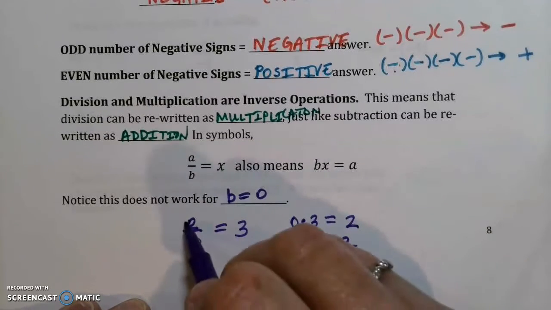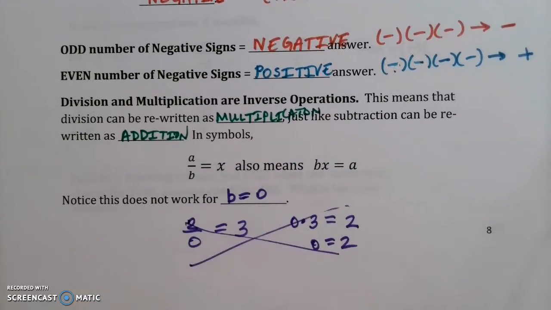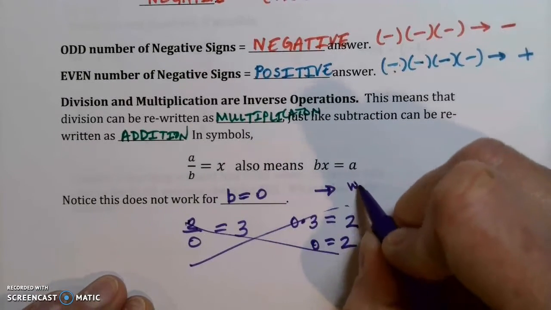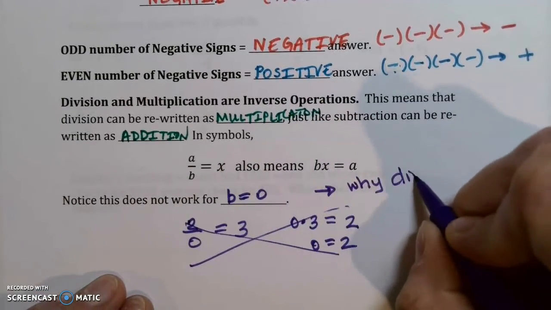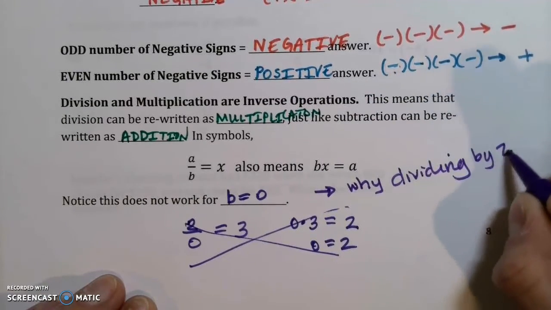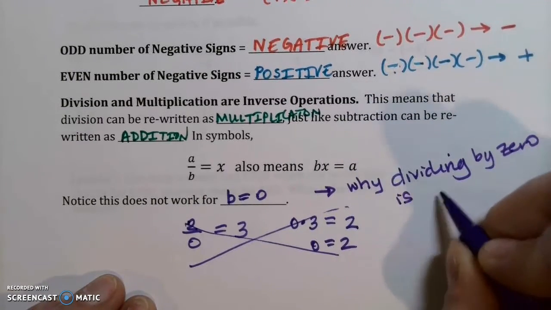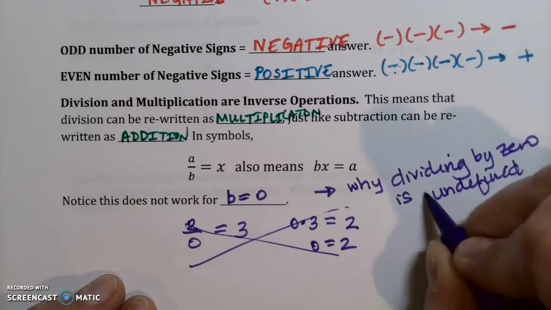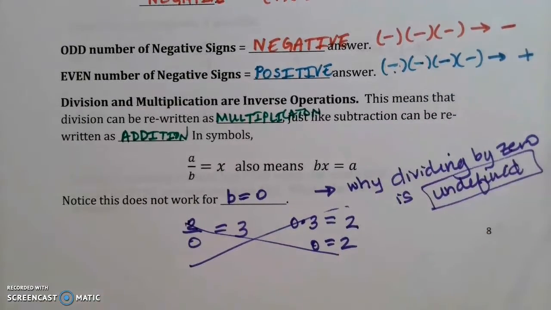So this does not work if we have a 0 in the denominator. And that is why dividing by 0 is undefined. It means it is not allowed by this definition of multiplication and division and how they work together.